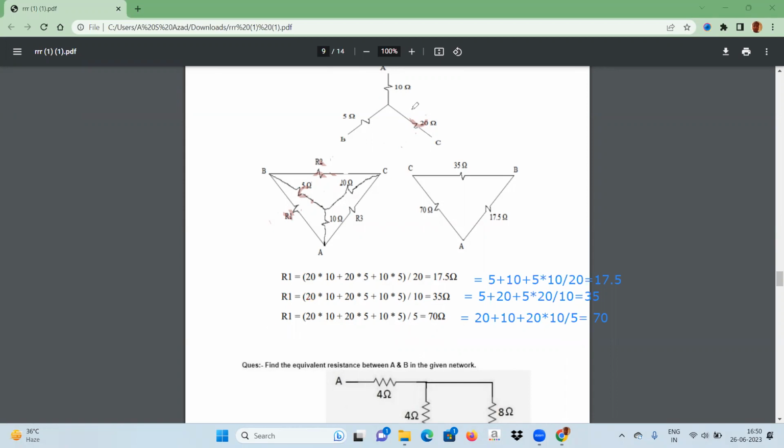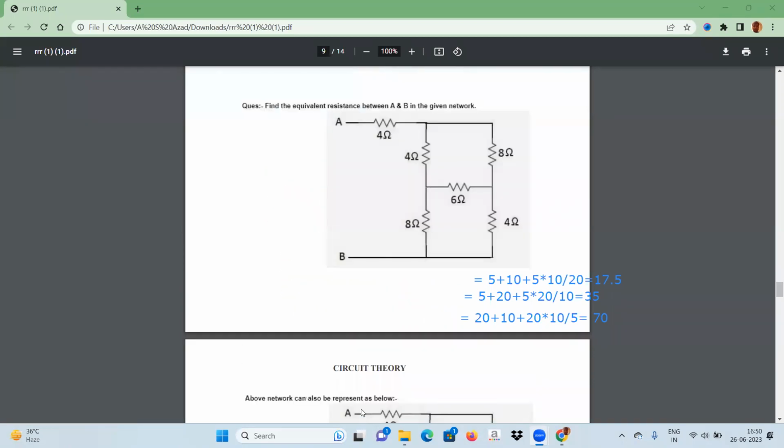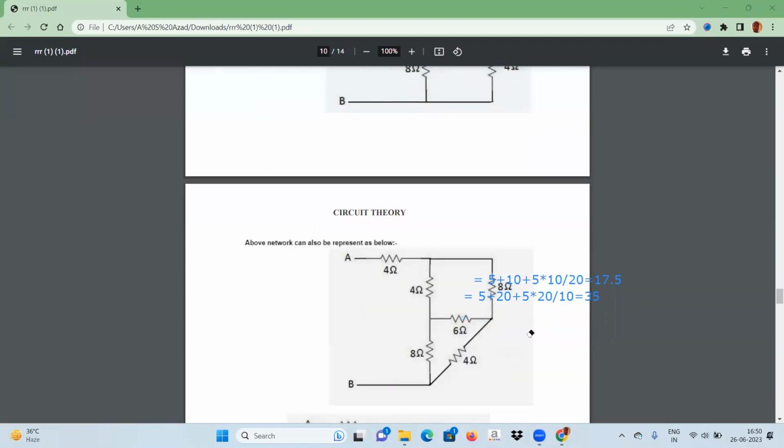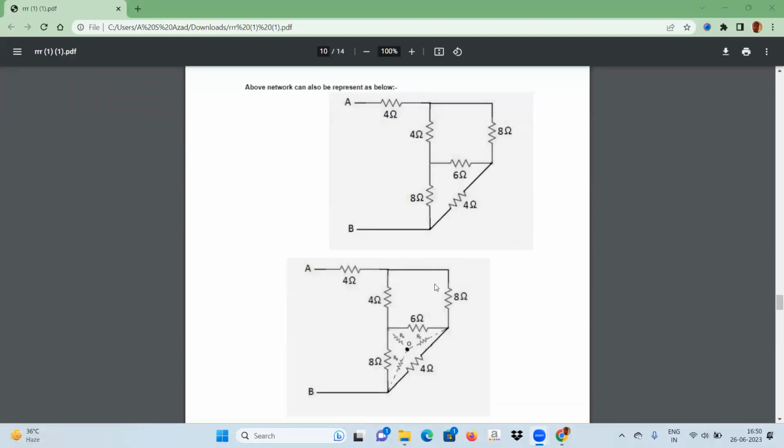Now it's completed. Now let's see the next example. This is a circuit. You want to simplify it. For simplification, first of all we will convert this delta to star. Then for changing this delta connection to star, we draw an imaginary star here, and you can calculate RA, RB, RC.